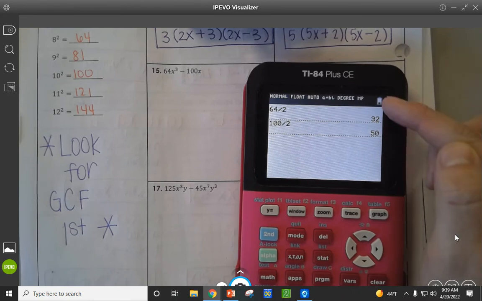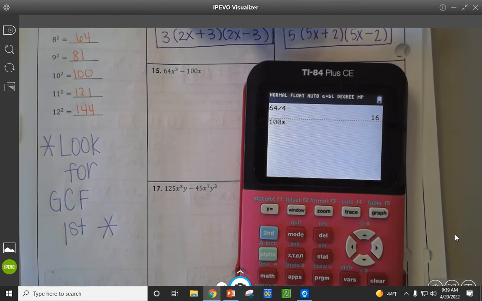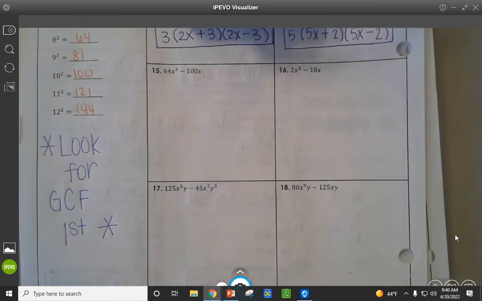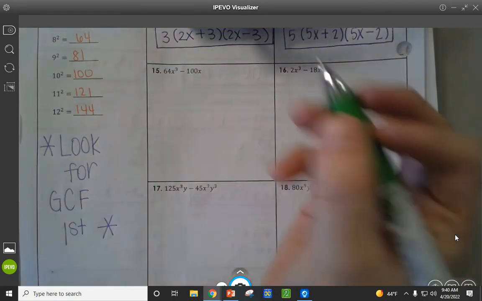But that doesn't give us perfect squares. There's actually a bigger number. It's actually 4. What about variables? Do they have any variables in common? They have one x. So the whole GCF is 4x.